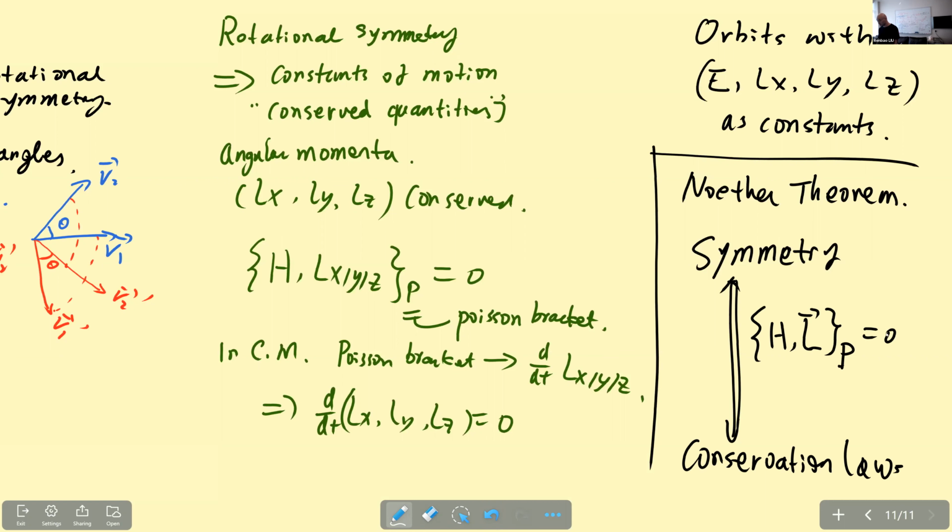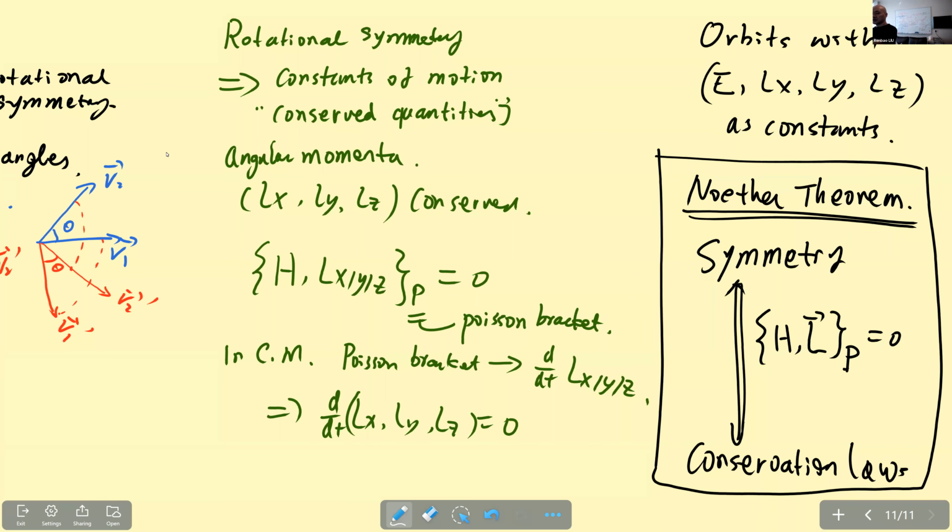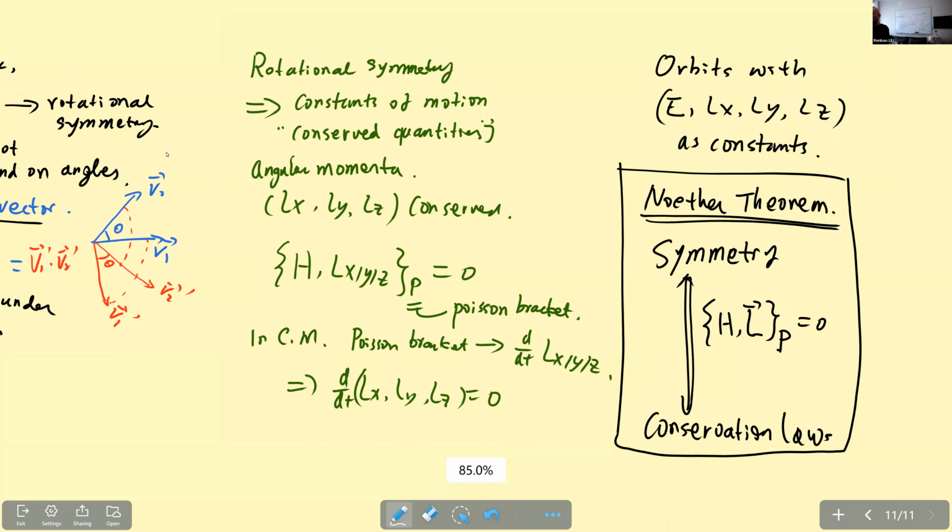So Noether's theorem states that if you have a symmetry, then you're going to have this Poisson bracket between the Hamiltonian and certain physical quantities commute in the sense of Poisson bracket, and that will lead us to the conservation laws. So this is what we have in classical mechanics.